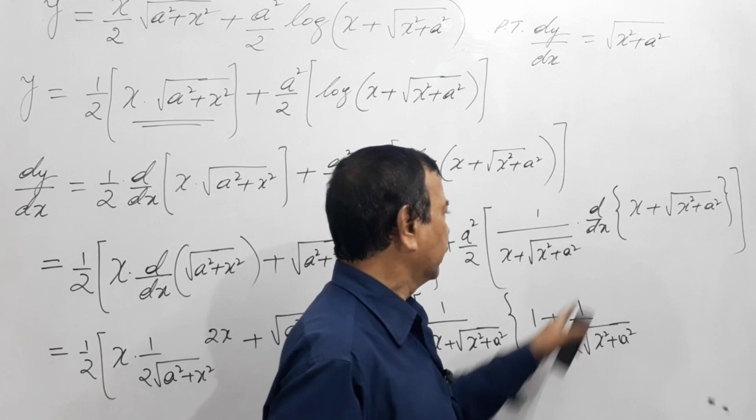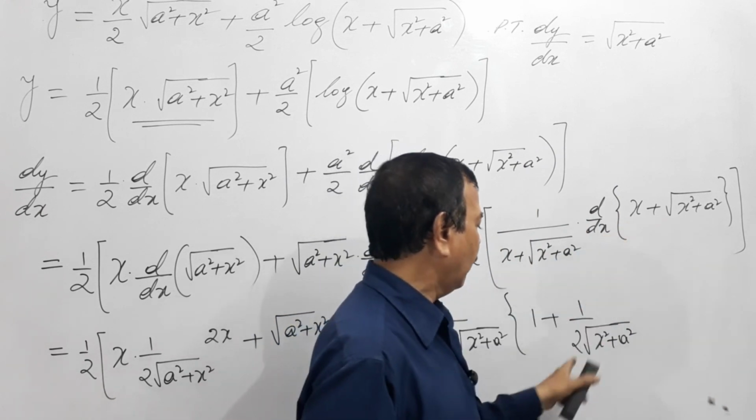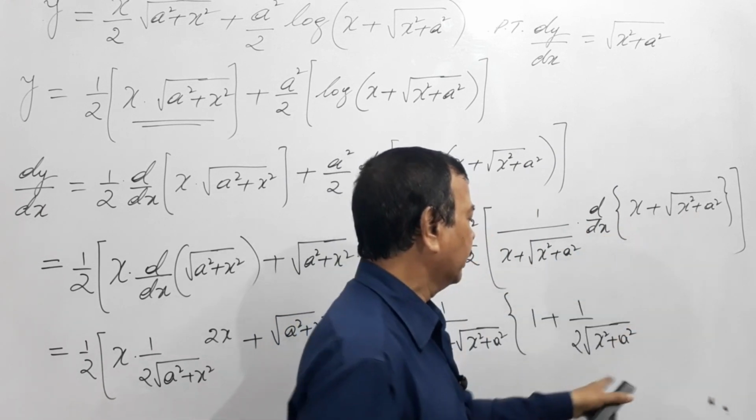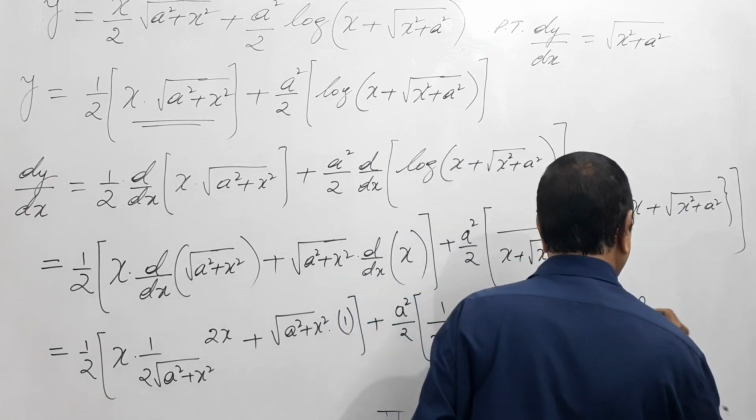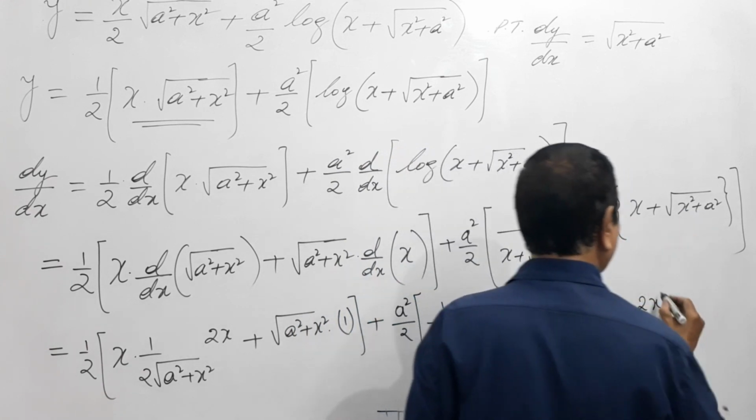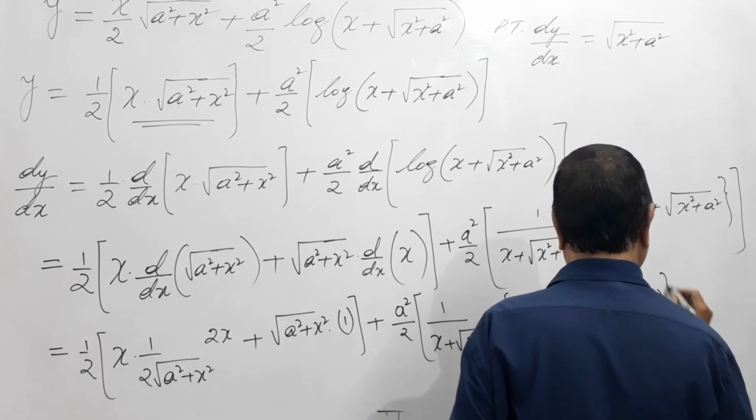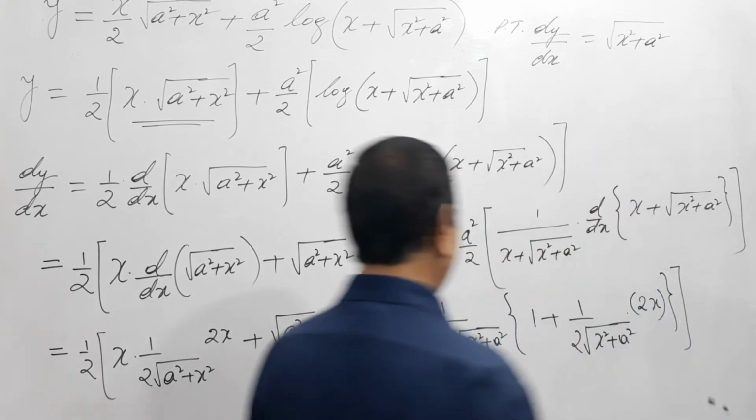This becomes d by dx of x is 1, half of x square plus a square into 2x into d by dx of x square is 2x. So I have closed the bracket.